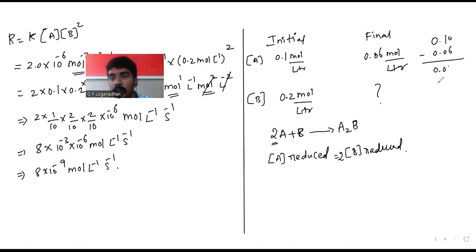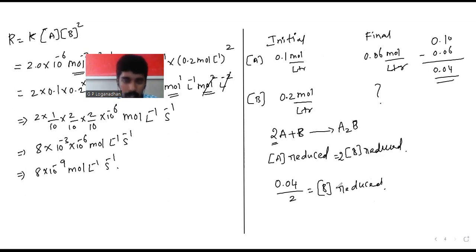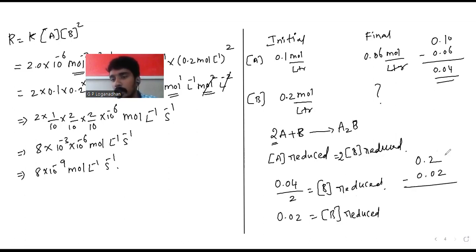So 0.04 is reduced. 0.04 divided by 2 equals the concentration of B reduced, which is 0.02. Actually B was 0.2, so 0.2 minus 0.02 is nothing but 0.18.